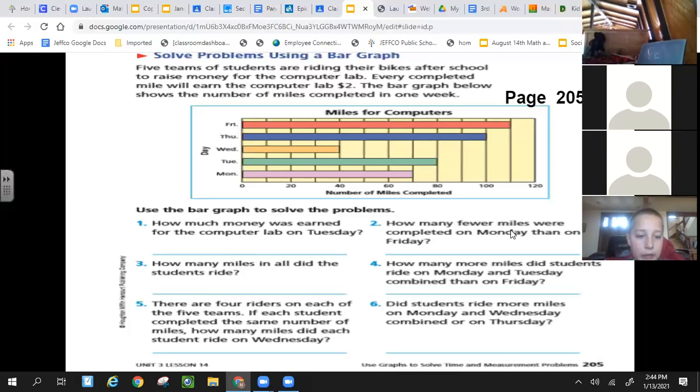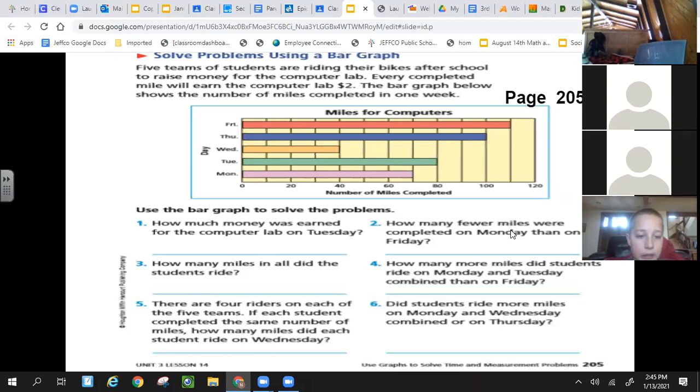So they rode 80 miles on Tuesday. But then you changed that 80 miles to dollars. It would be $80 if they got $1 per mile. But in the directions, it says that every completed mile will earn the computer lab $2. So let's think about it a little more.